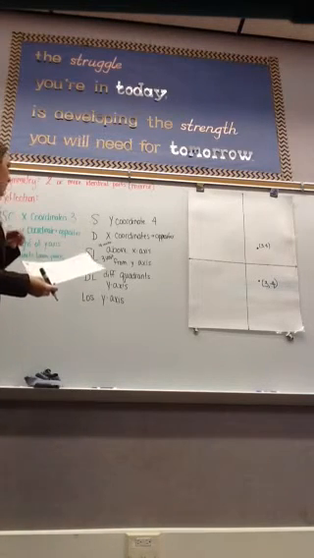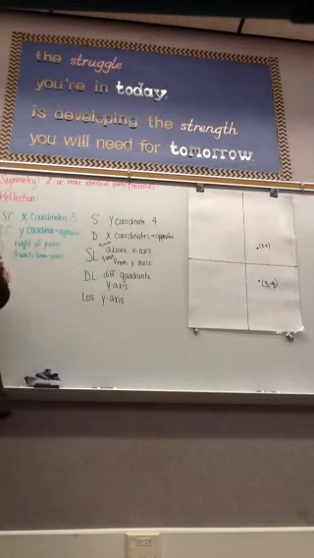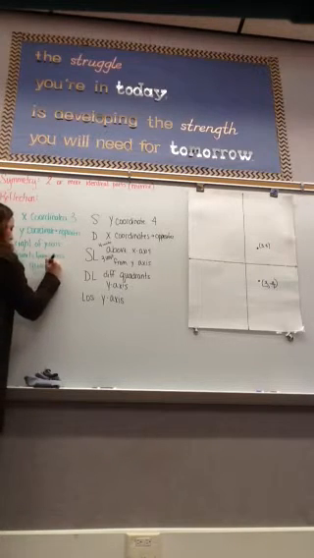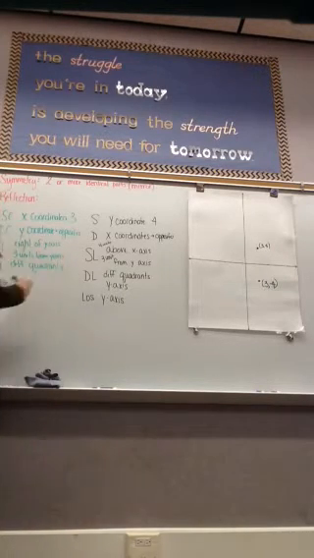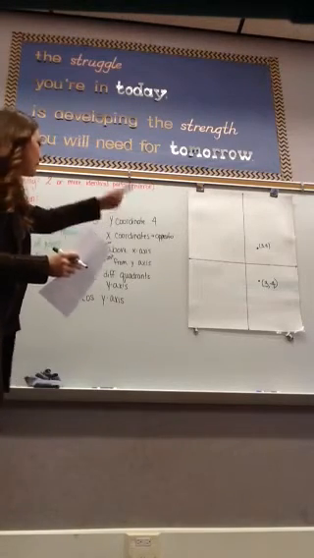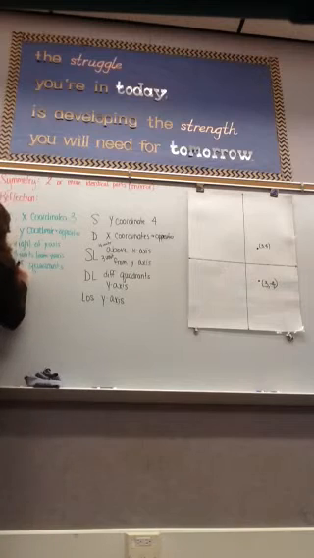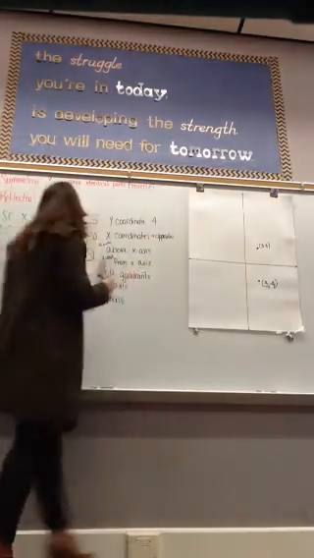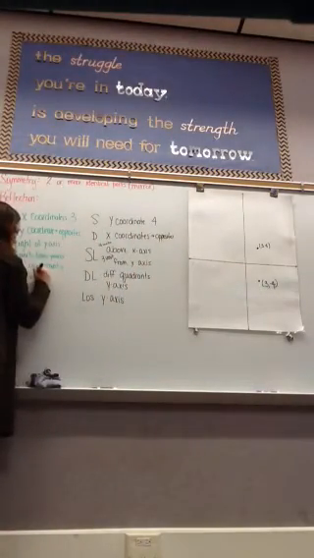Okay, let's see what is different about their location. They're in different quadrants. They're on opposite sides of the y-axis. I'm sorry, the x-axis. They're on different sides of the x-axis.